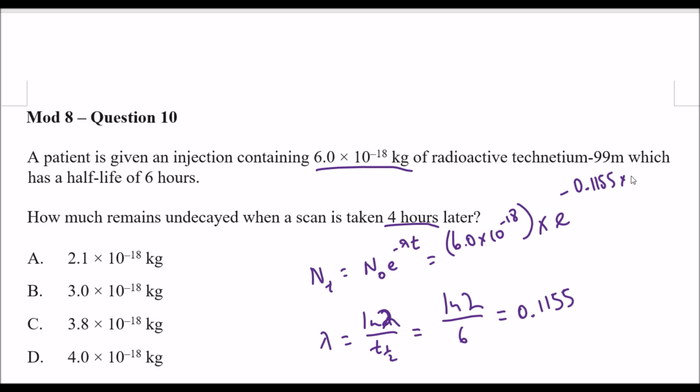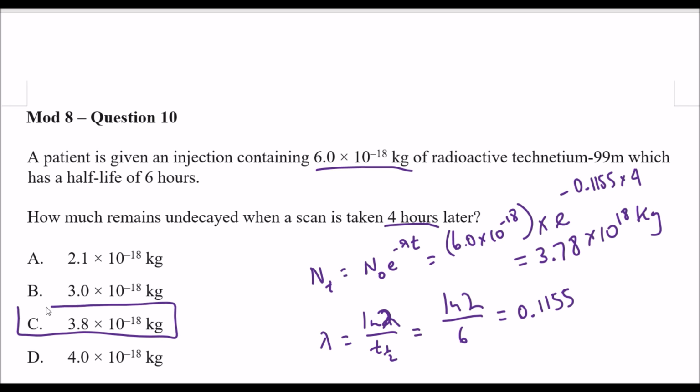And then we times that by the time of 4 hours, and we get a value of roughly 3.78 times 10 to the power minus 18 kilograms, which means that C is the correct answer.